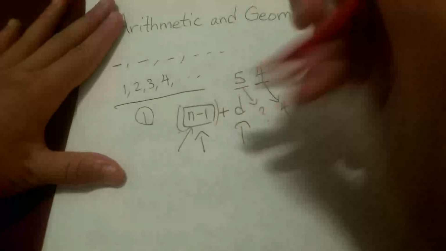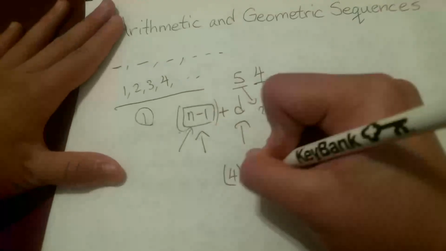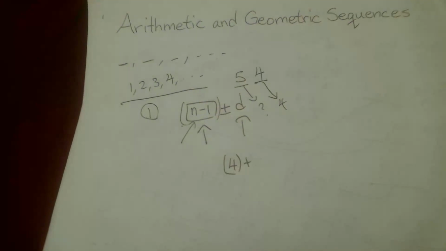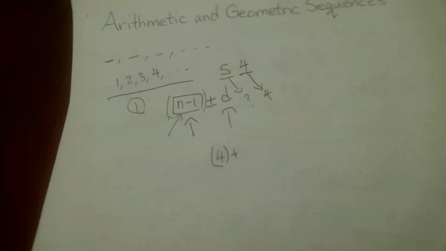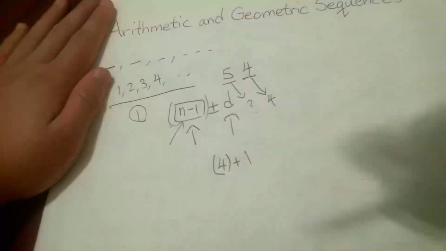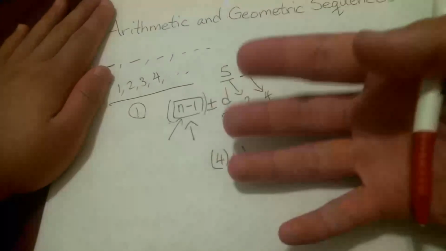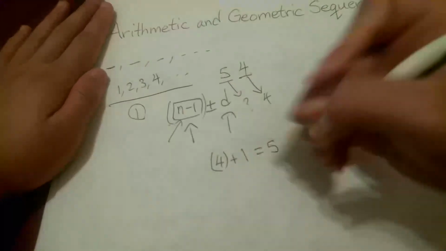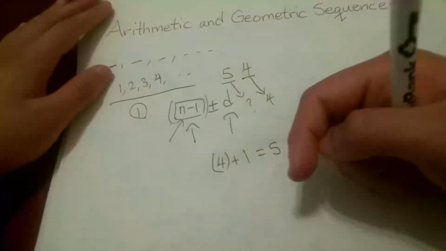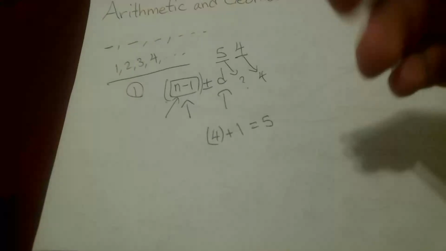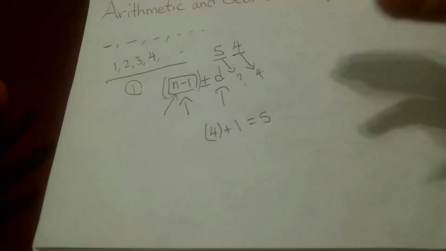So fourth term plus, this can be plus or minus, but it is plus in this case, so we have plus 1 since that is the common difference. Then we solve this, and it equals 5, which is our fifth term. That is our final answer for finding the next term.